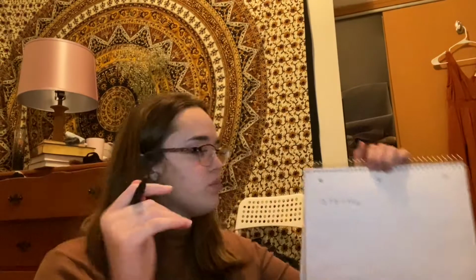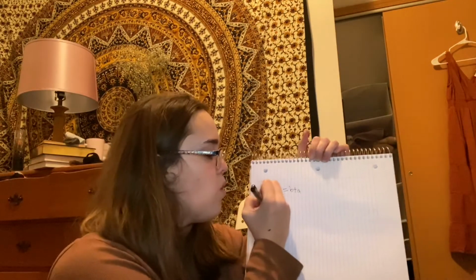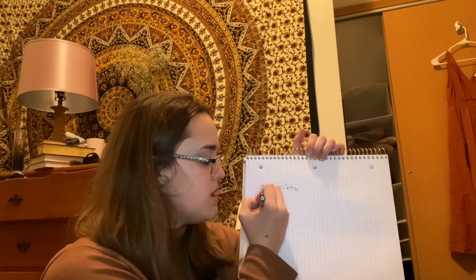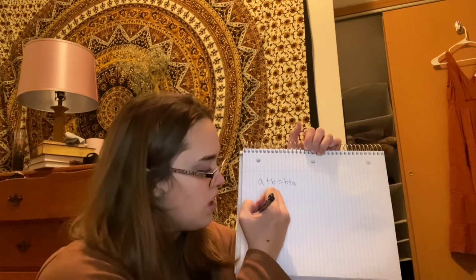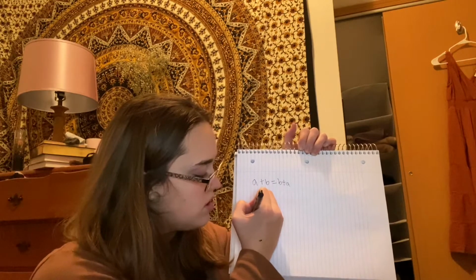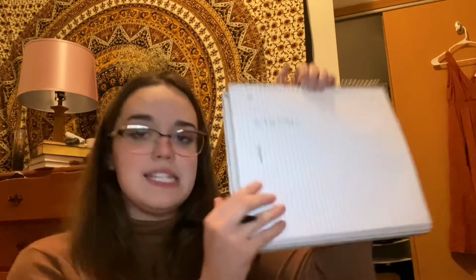So I want you guys to imagine that I have 4 scoops of ice cream. 1, 2, 3, 4 on this little cone. You see it? There's my ice cream cone. So I want you guys to pretend that I have 4.